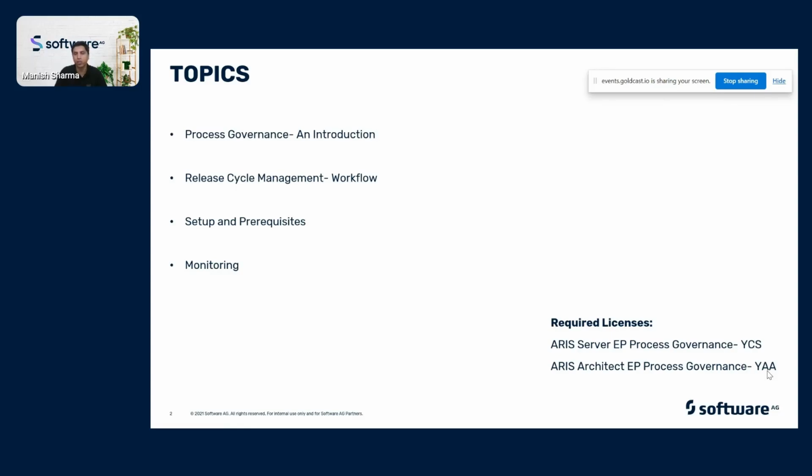However, at this point, I also want to mention that governance as a topic is already available out of the box in ARIS Cloud. So when you log on to ARIS Cloud and you work with ARIS Connect, there are a number of workflows that are available out of the box that you could use for managing content within ARIS.